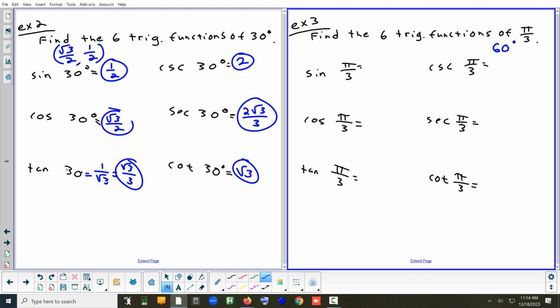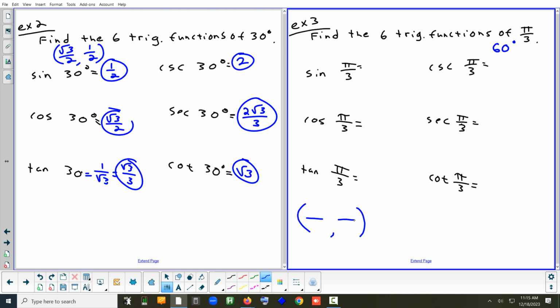Yep. For the sine and cosine, the cosine will be 1/2, while the sine, for the y, is square root 3 over 2.